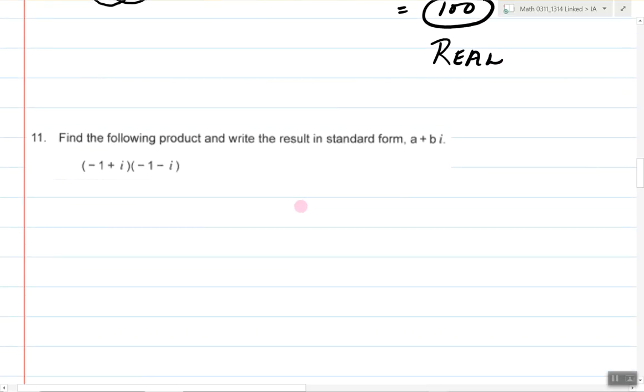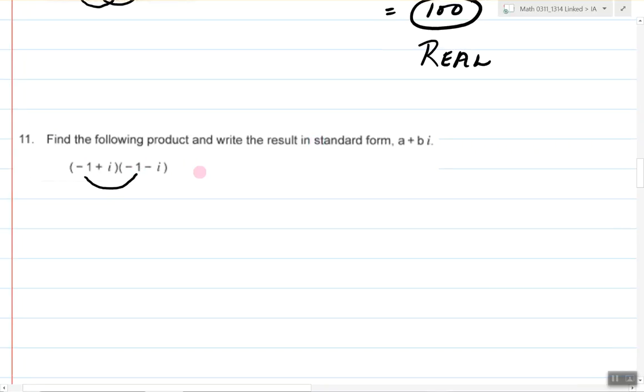Number 11. If I multiply the first, and let me stop, hopefully you observe that they're conjugates. Negative 1 plus i times negative 1 minus i. It is this sign and this sign being the only two things that are different in these two complex numbers. That's what makes them conjugates. Negative 1 times negative 1 is 1.